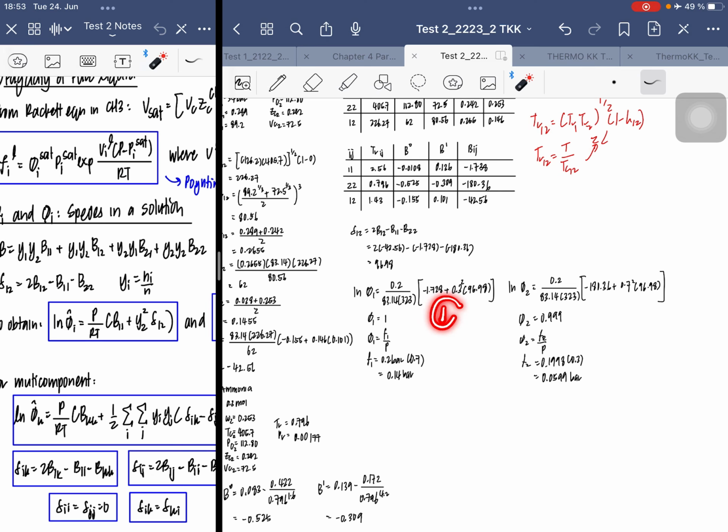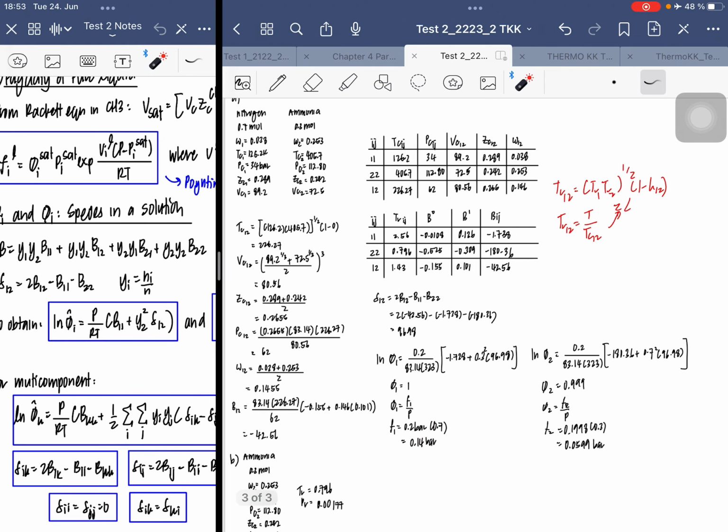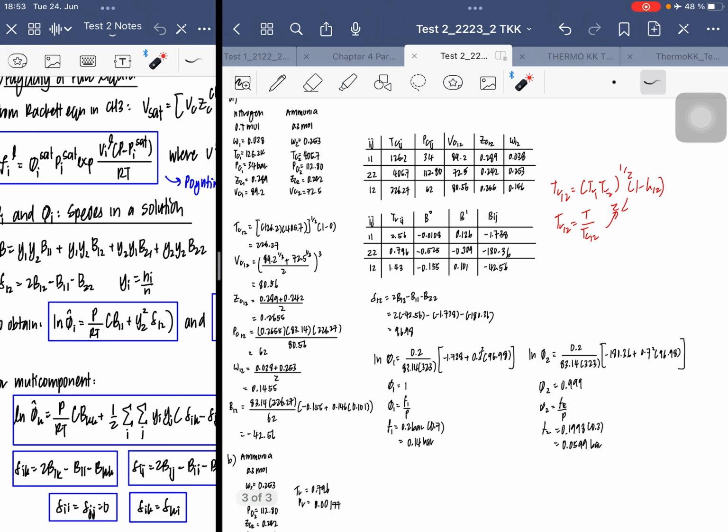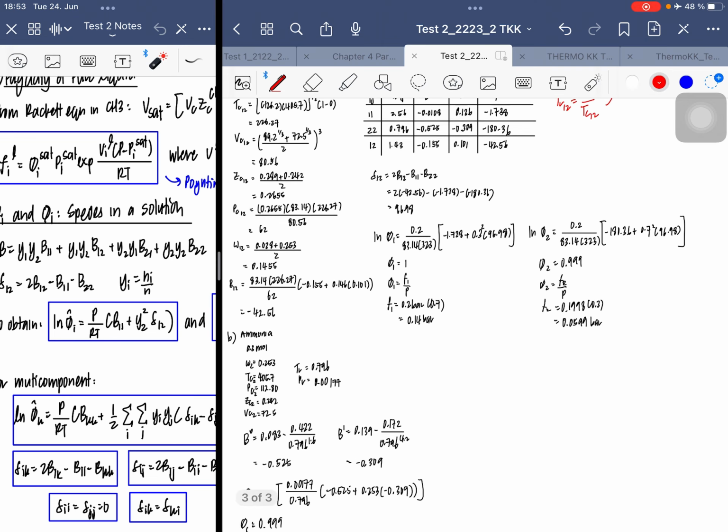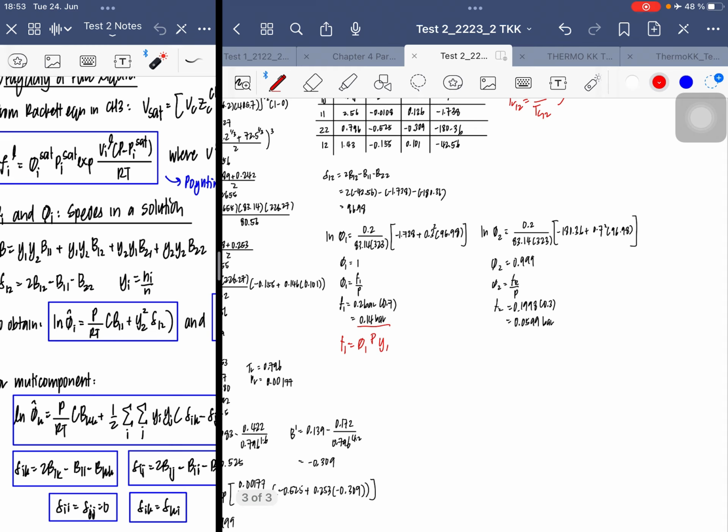After that, you multiply with the molar fraction. The proper formula is F1 equals Phi1 times P times Y1, and you get 0.14 bar, and here you get 0.059999.